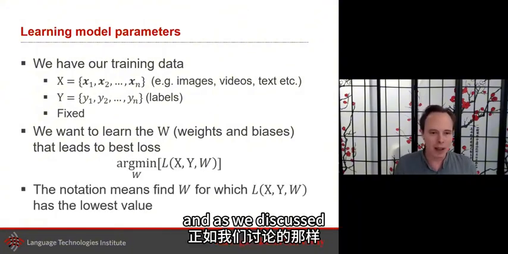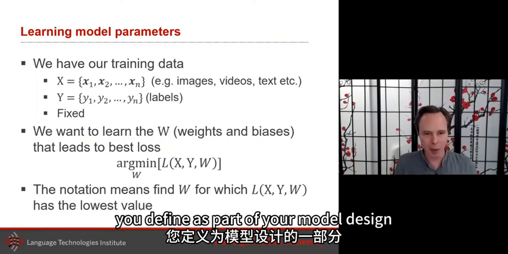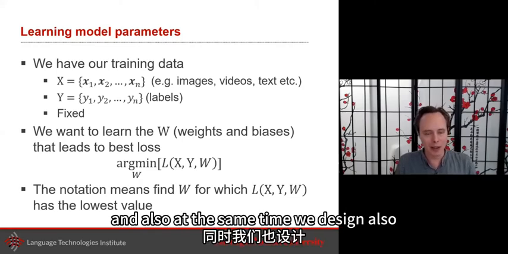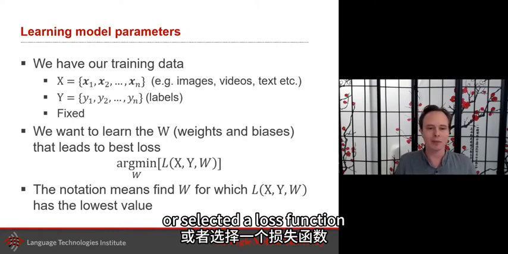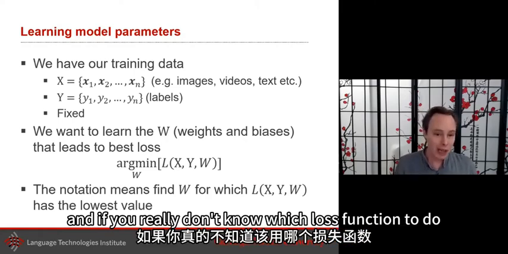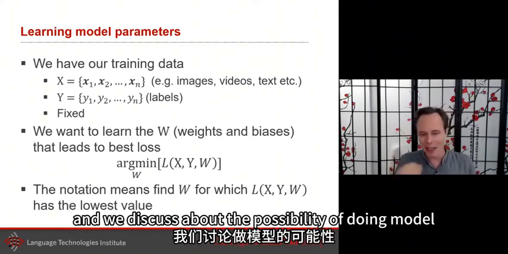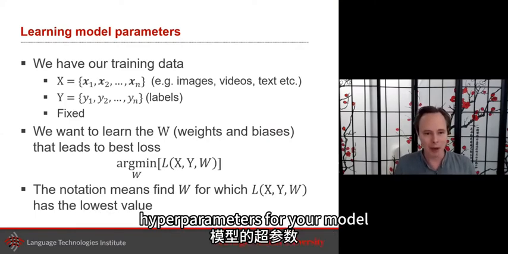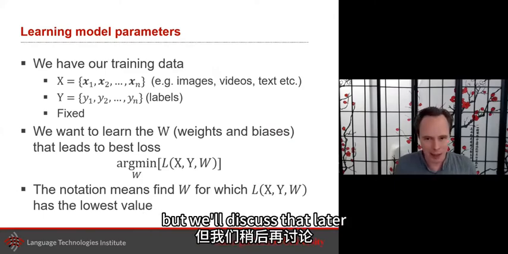As we discussed, as part of your model design, we define an architecture, and at the same time we also select a loss function. If you really don't know which loss function to use, you could have a bunch of candidates, and we discussed the possibility of doing model selection with hyperparameters for your model. But we'll discuss that later.